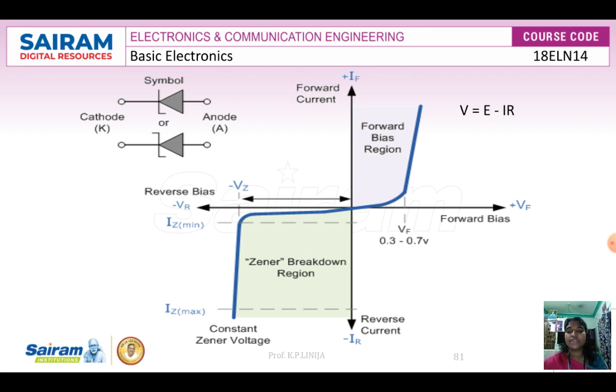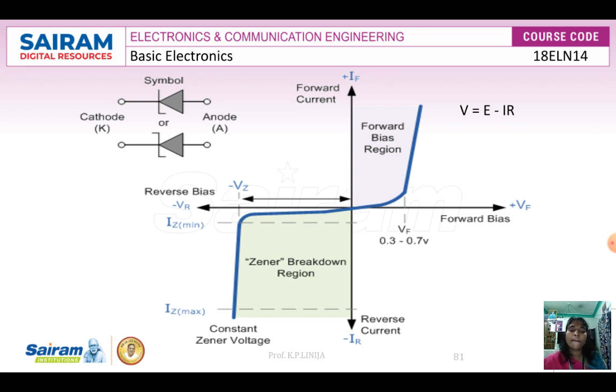That shows Vz, with the Iz minimum value as well as the Iz maximum value. These values are represented by V = E - I R. And the reverse current is also represented by minus IR.